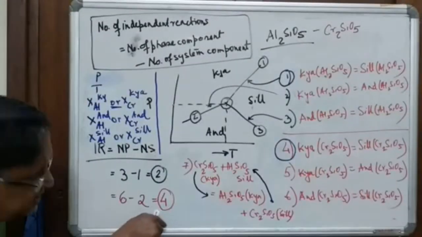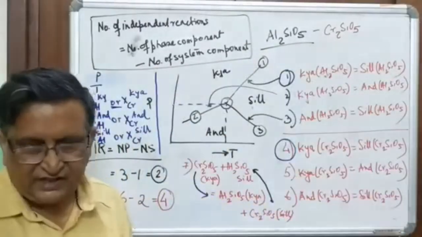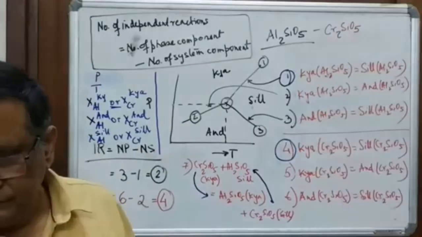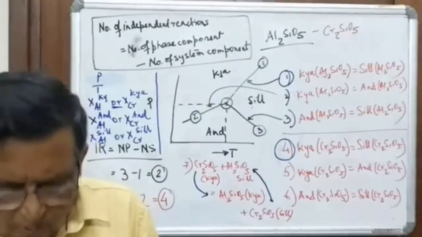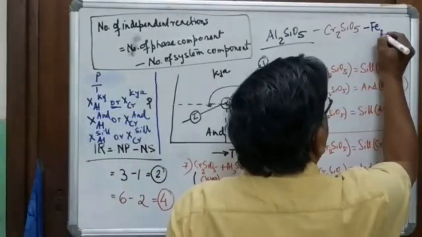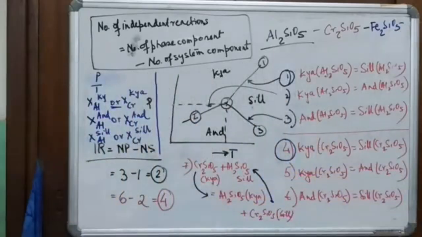But what it says is 4 independent reactions. That's what it says, and that's what's crucial for us. 4 independent reactions. So, now I will tell you, you add Fe2SiO5. Now you see, your system has not now 2, it's now 3.